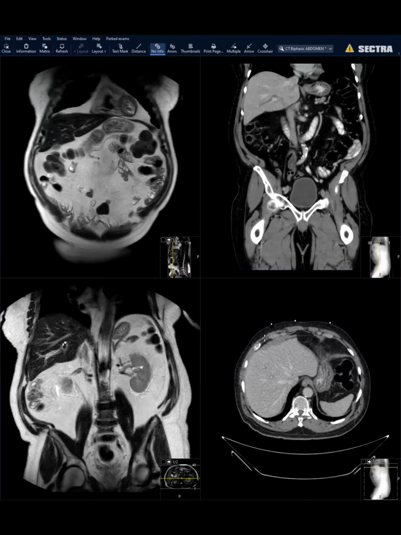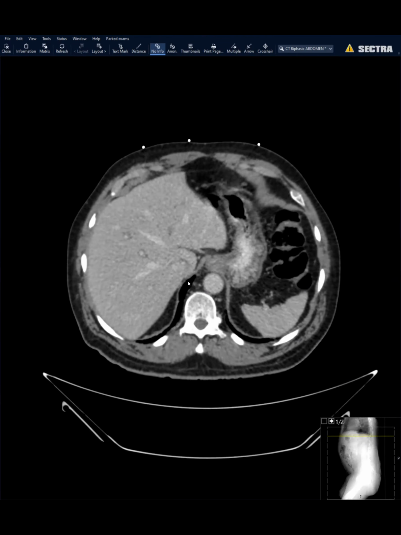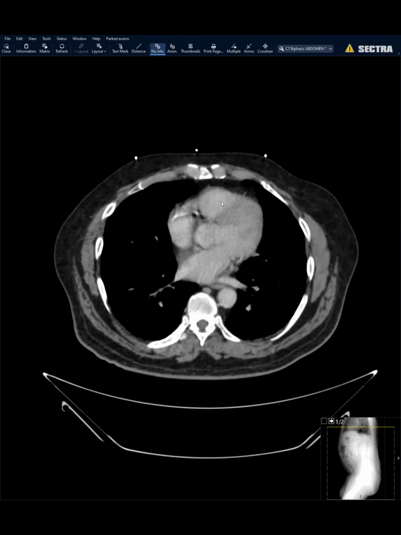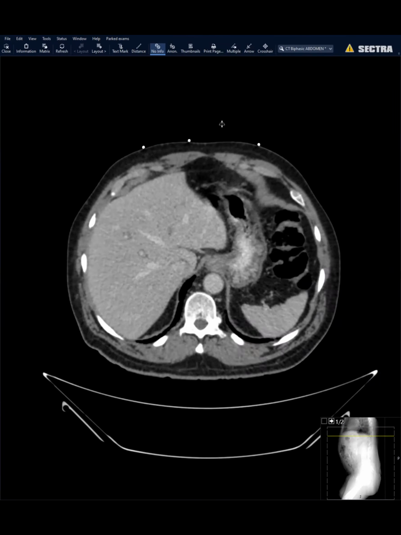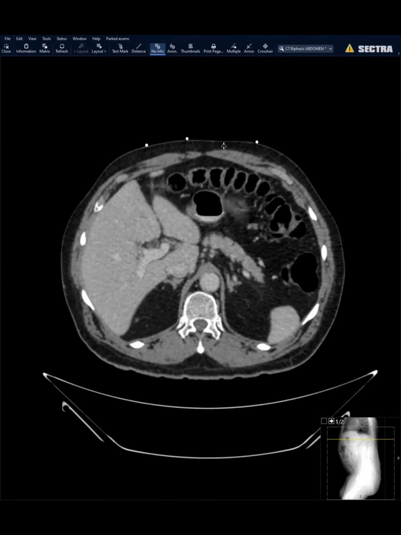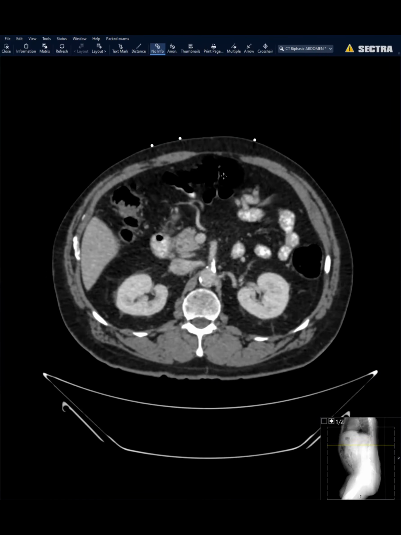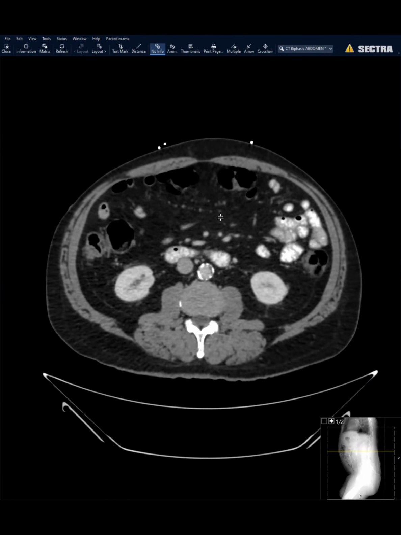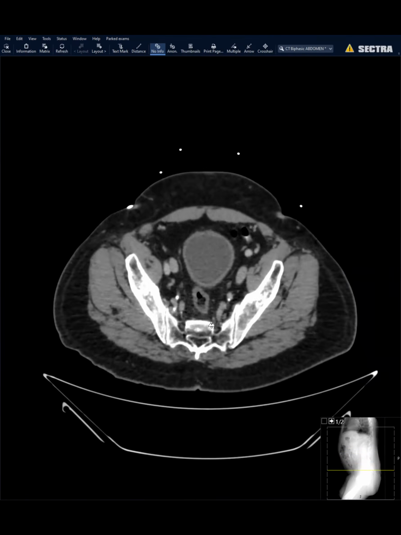Okay, so this was a case I was reviewing on call, and I just wanted to scroll from the top here. So concentrate on the upper abdomen.